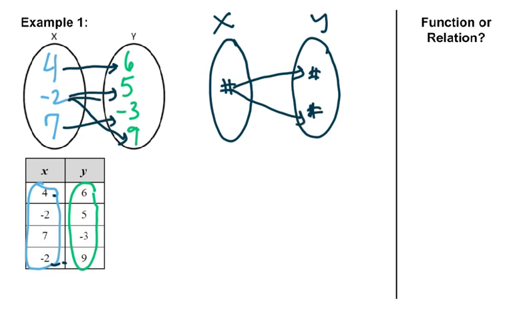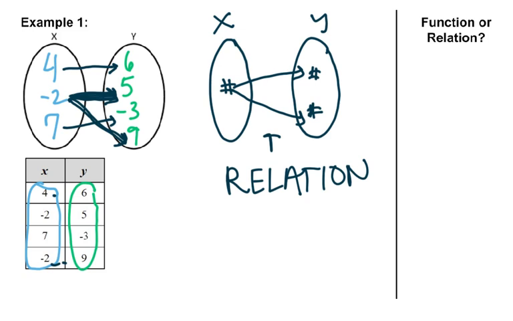Do you see how that happens with -2? -2 goes to 5, and it goes to 9. When a situation like this happens, that means this is a relation. This is not a function. It is a relation because one x is going to two different y's. So when we answer the question function or relation, this example one is a relation.